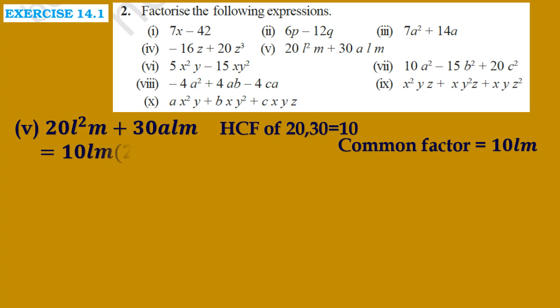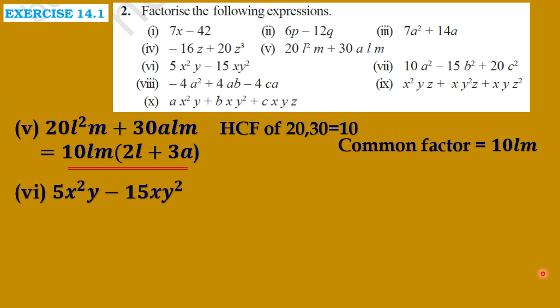What will be left in each term? 10 into 2, 20, so that 2. L square, 1 l has come out, so 1 l. M already common factor. So 2l plus 30, 10 into 3, that 3. And lm has come out, so a is left there. So 10lm into 2l plus 3a.